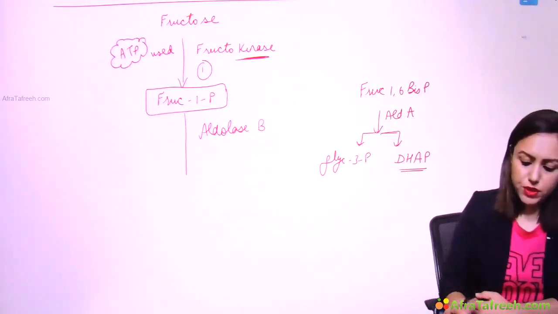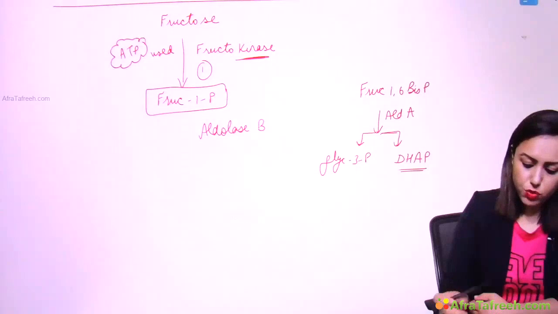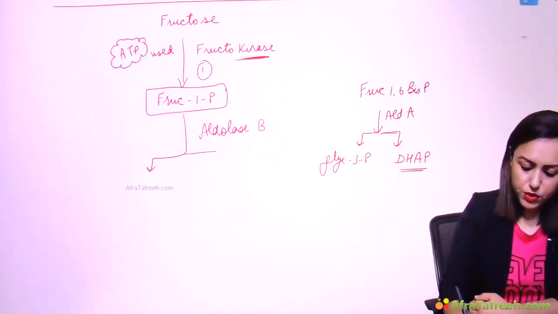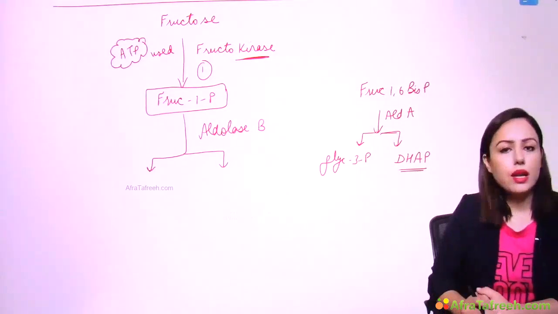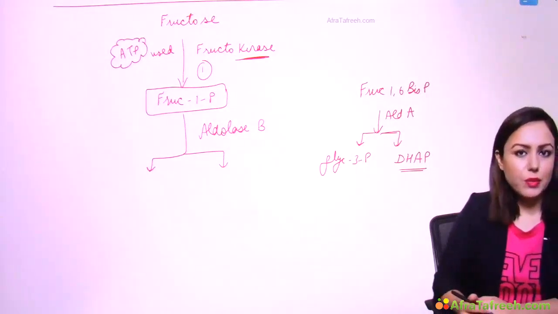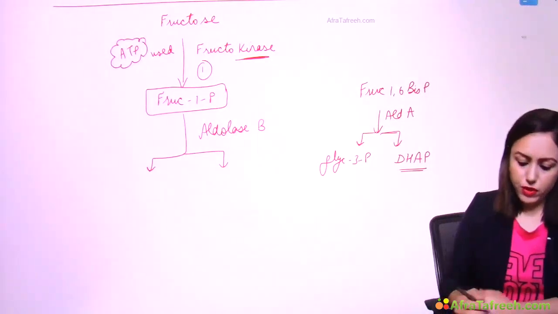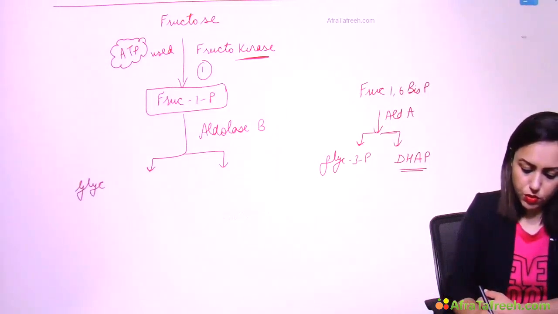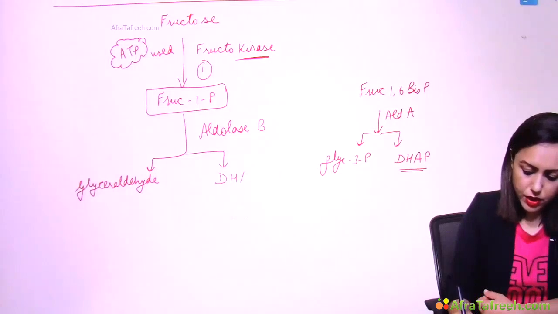Now next is aldolase B. Aldolase B is only involved in fructose metabolism, and it is mainly present in liver, okay? Now this enzyme aldolase B will break down fructose 1 phosphate into glyceraldehyde and DHAP.